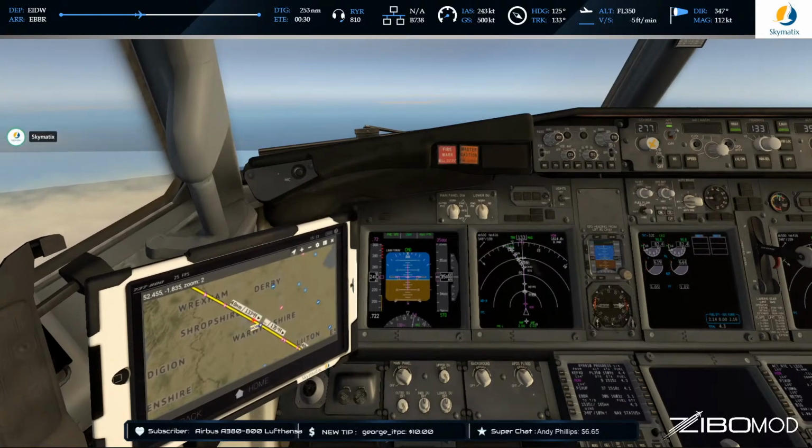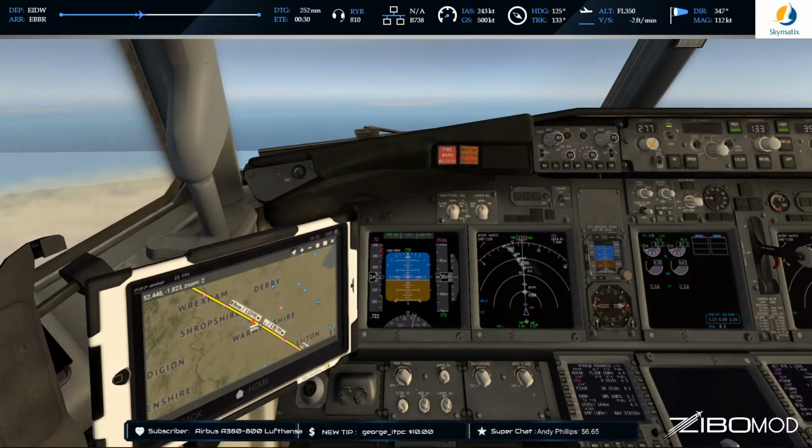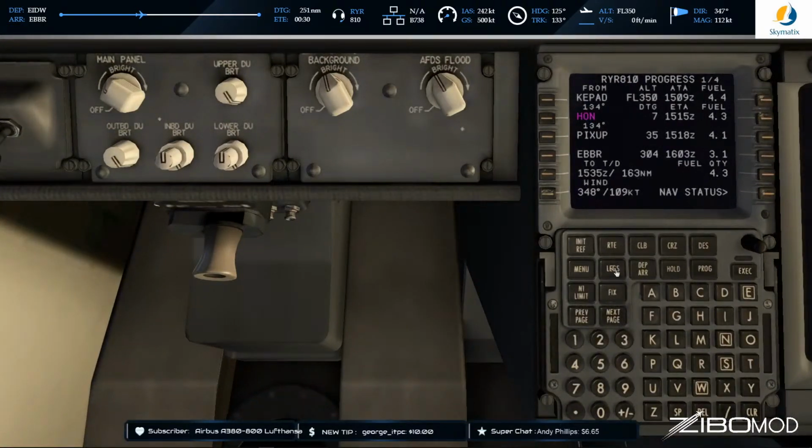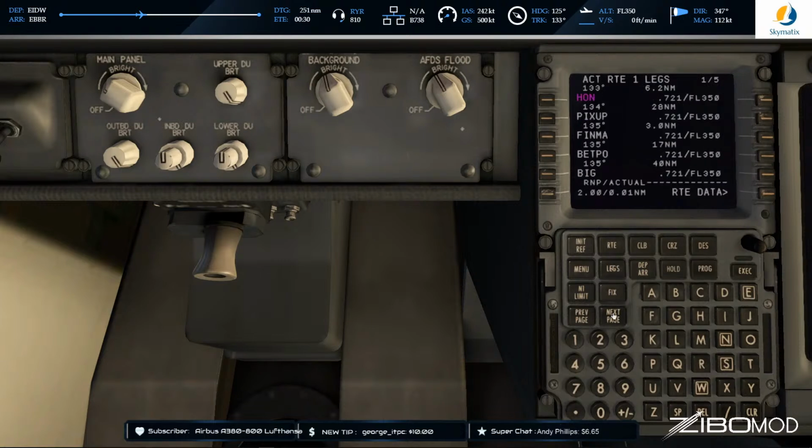Telephone Center check. Ryanair 810, apologies our volume was turned down, we are with you. Ryanair 810, not a problem, direct to Dover. Direct to Dover, Ryanair 810. Ryanair 7 Romeo Bravo, thanks for that. Same for you, direct to Dover. Direct Dover, 7 Romeo Bravo.